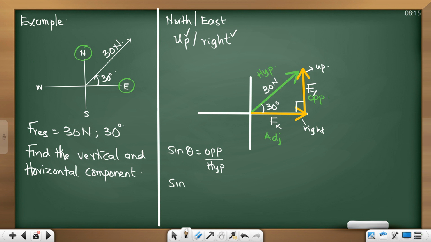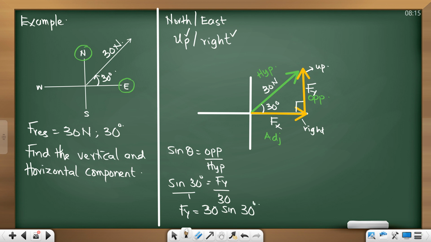Okay, let's substitute. Sine 30 degrees. What is my opposite? Fy. What is my hypotenuse? 30. Let's cross multiply. Fy is 30 sine 30 degrees.